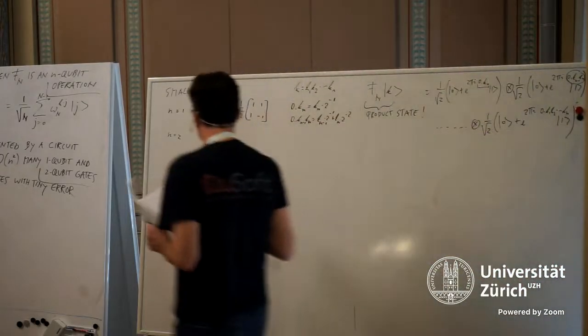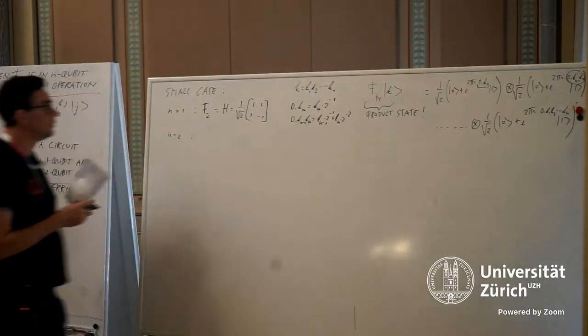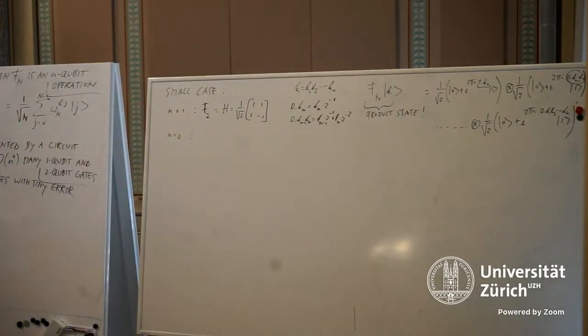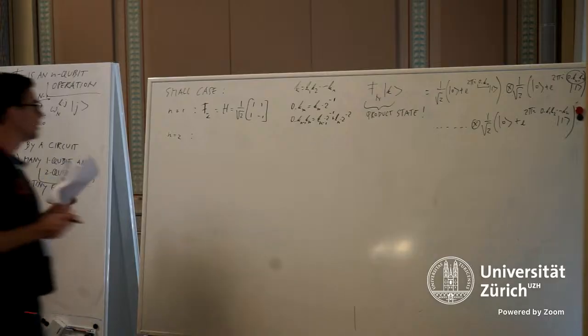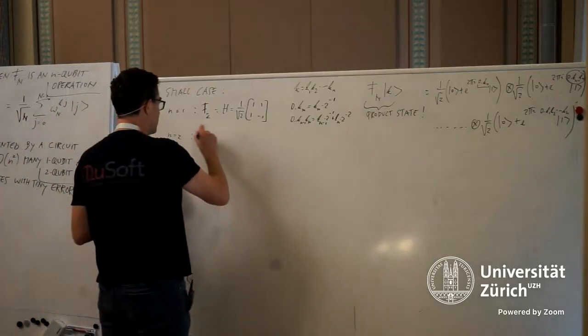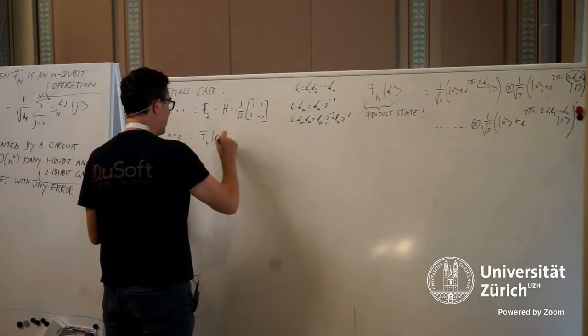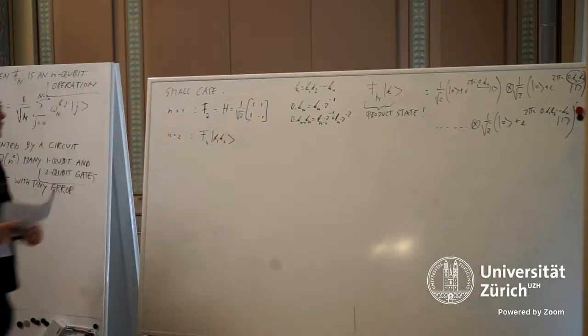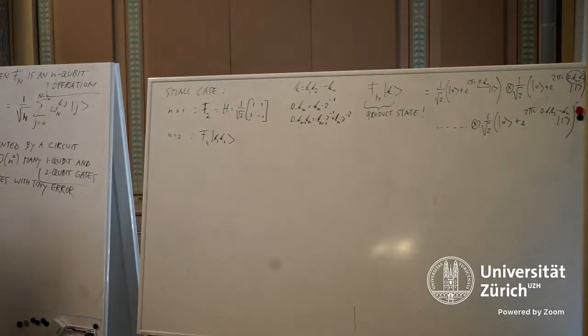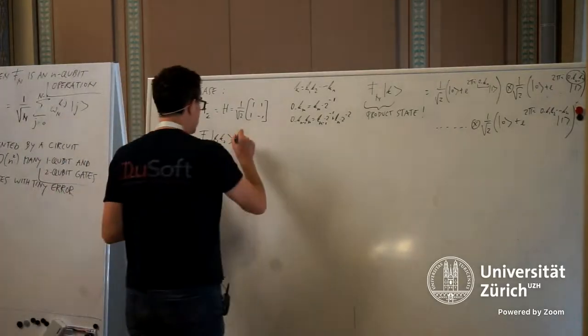So let's get back to small cases, the case of, let's say, the 2-qubit Fourier transform, the 4-dimensional Fourier transform. In that case, my basis state k only consists of 2 bits. And what is the resulting product state that I want to produce?